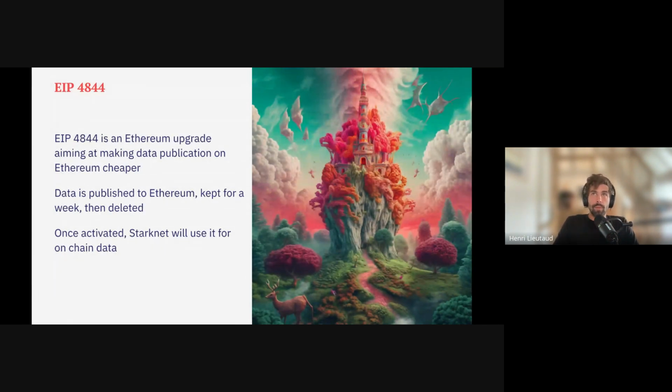Some nodes will keep them, some nodes won't, but it's basically a way to ensure data publication, which is what I discussed before. It's not about storing data, it's about making sure it was published at some point.